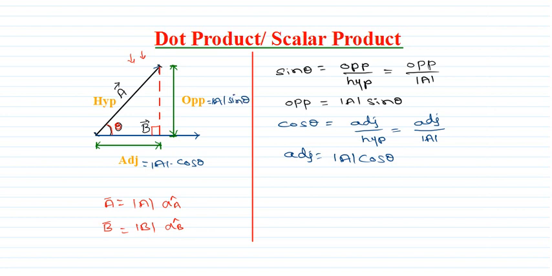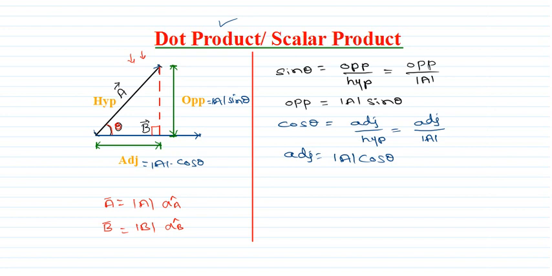Now, it is a dot product, which means it is a scalar. A scalar quantity doesn't possess any direction, but has only magnitude. We took this vector A along the B direction, and there is a magnitude of B also. If I multiply the magnitude of B with the magnitude of vector A along the B direction, I get the dot product.